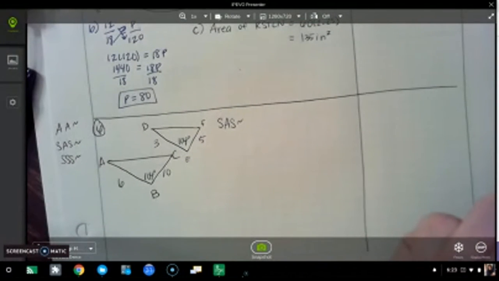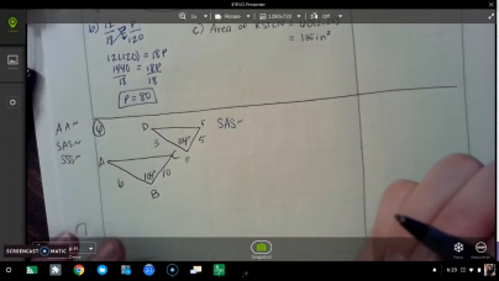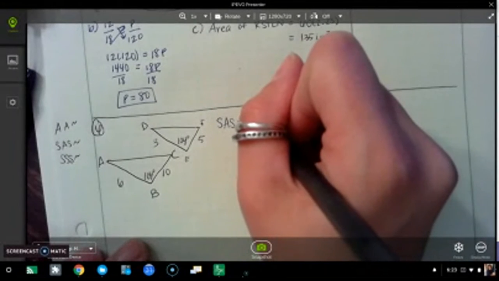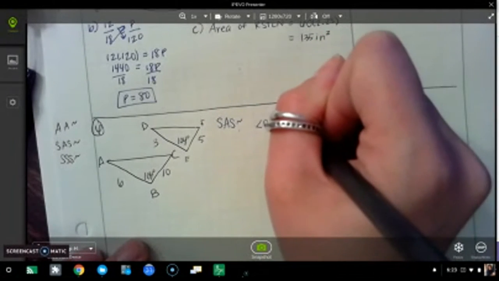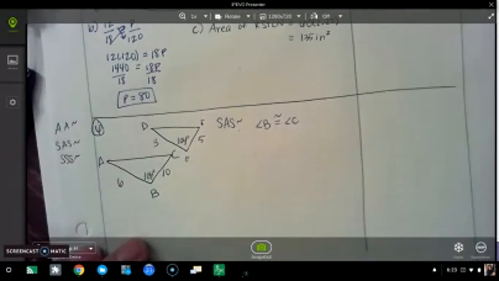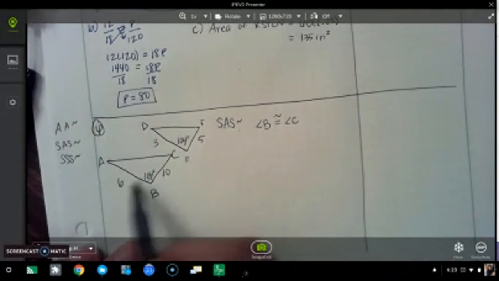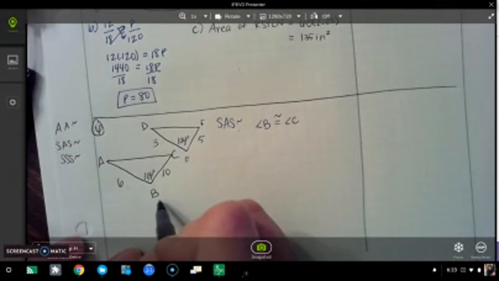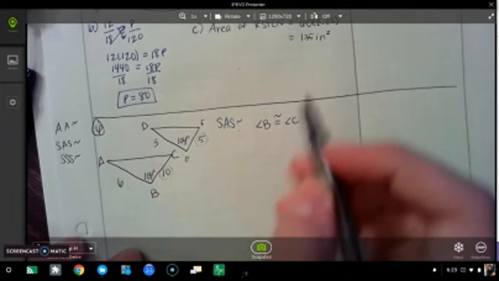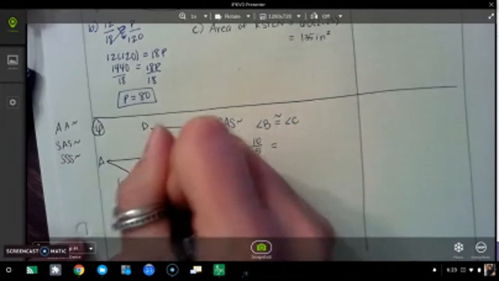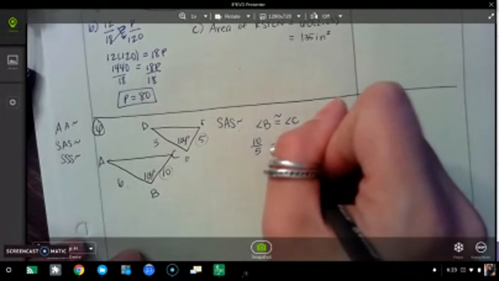In order to do side-angle-side, if I'm determining if they're similar or not, side-angle-side supports my theorem by knowing angle B is congruent to angle C because 104 is congruent to 104. And then we have to figure out are my sides proportional. So we do my biggest side over my smallest side. 10 over 5. Is that equal to 6 over 3?